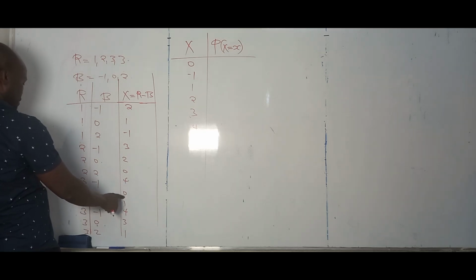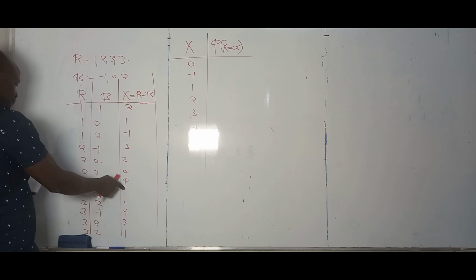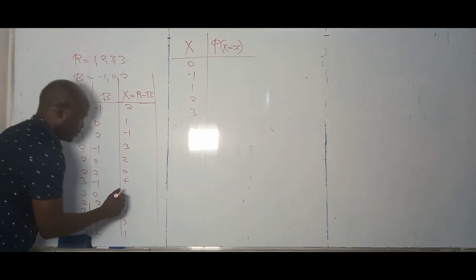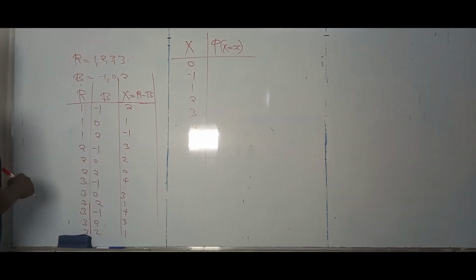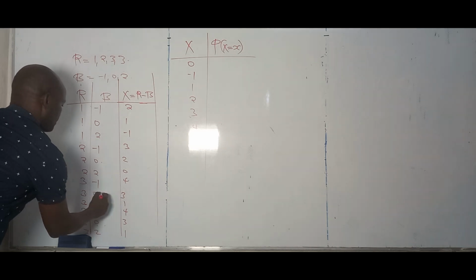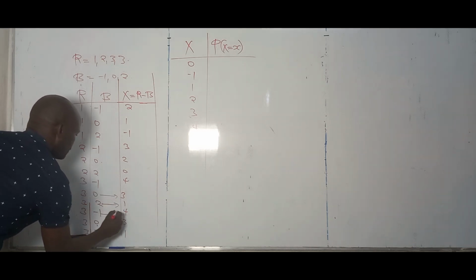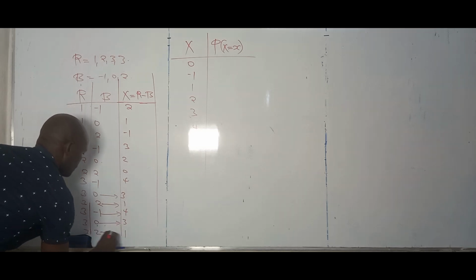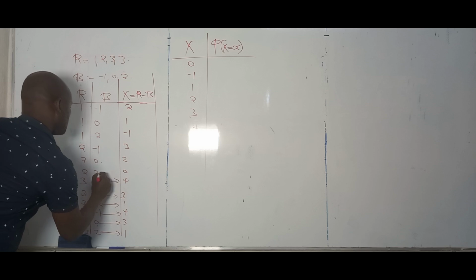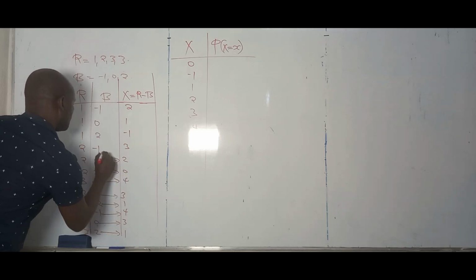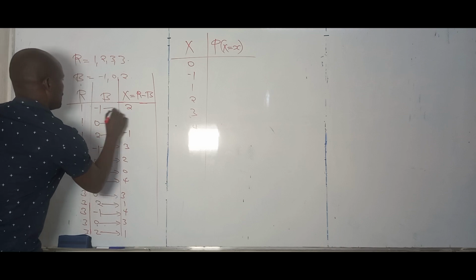This should be 3, because we have 4, 3, 1, 4, this is 3. Because 3 minus 0 is 3. That's how they are mapped, so that there is no confusion.